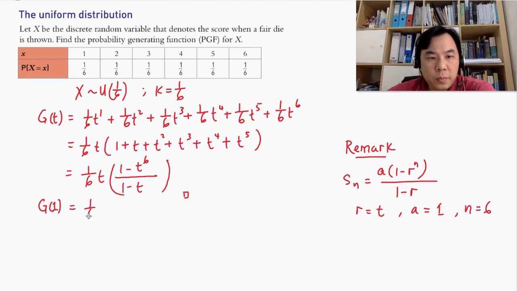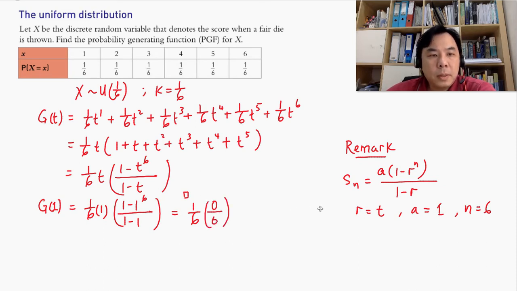So we have 1/6 here. Now this one will be 1 minus 1 to the power of 6, and this is 1 minus 1 here. Now that would actually be 1/6 times 0 divided by 0 here.